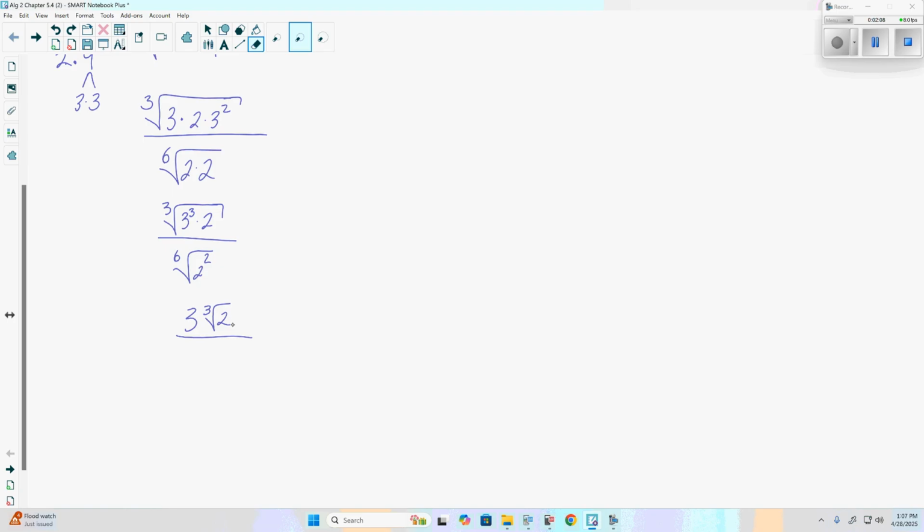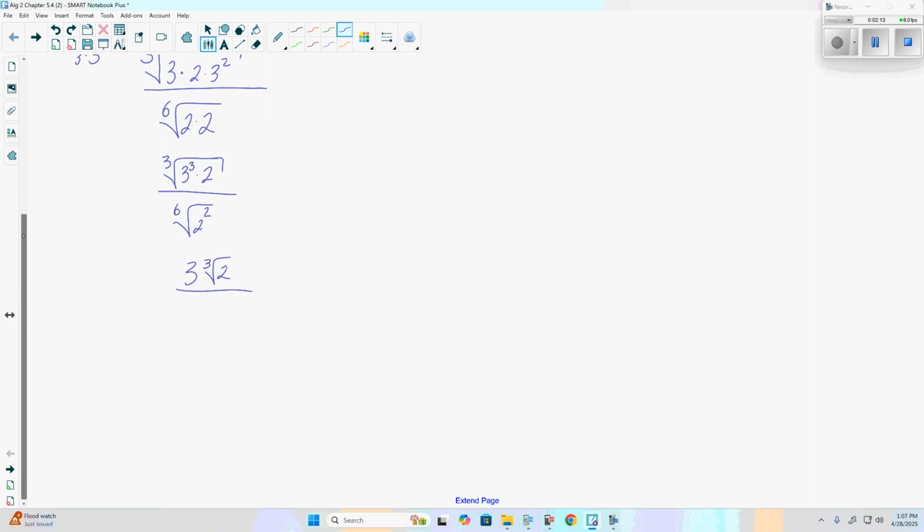Now interestingly enough, this is one of the ones that's a little bit interesting. We didn't talk too much about this, especially when the index and the number inside of them have a common factor. Because the index is 6, our power inside is 2, so they both share a common factor of 2.